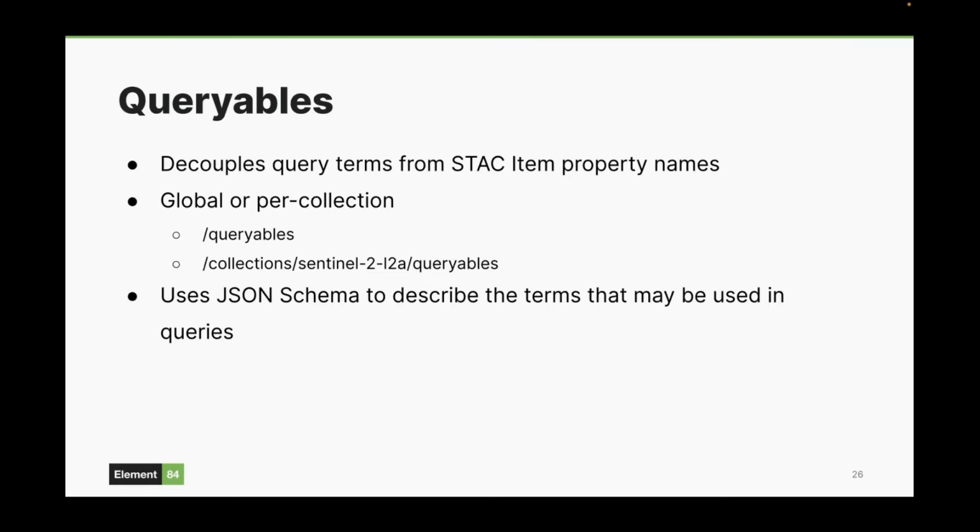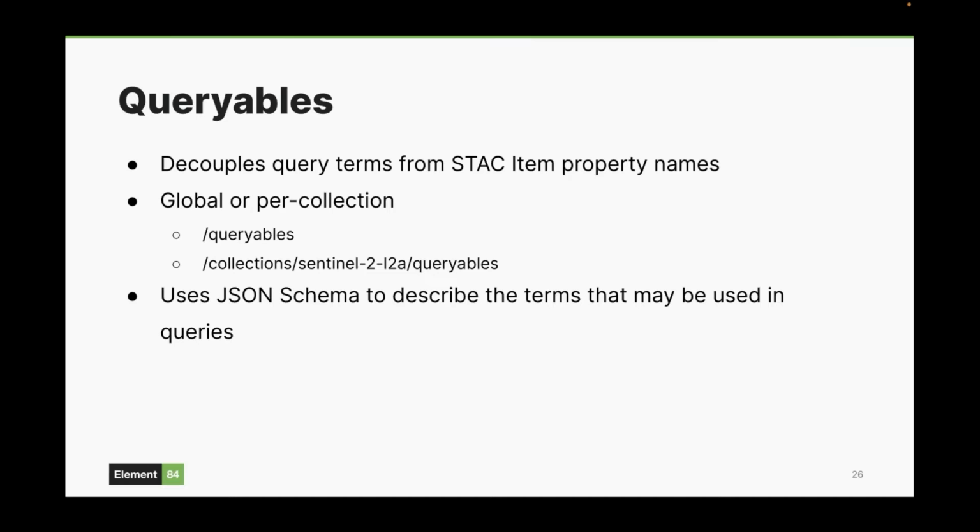And this is great because it decouples the actual STAC item representation from the way that they can be queried over. And so, for example, instead of having to say properties.eo:cloud_cover, I could simply say there's a queryable called cloud cover, one word, and that can be used anywhere in the expression as a property.